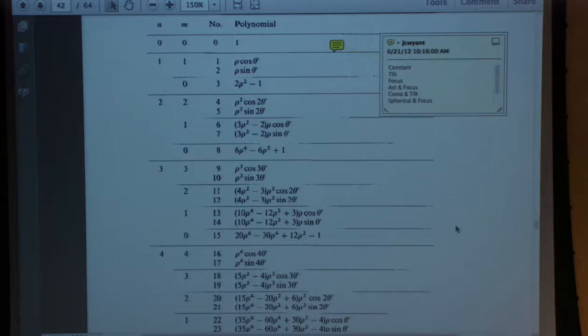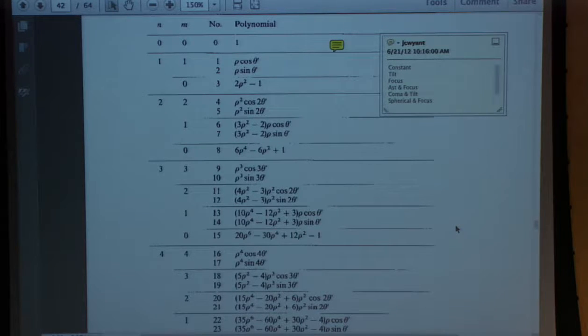But mathematicians sometimes like to group them different ways. So you just have to be careful if you're getting data from someone else on Zernikes. You just want to make sure that you understand how they have ordered them compared to the way you might order them. And different programs will order them different ways.